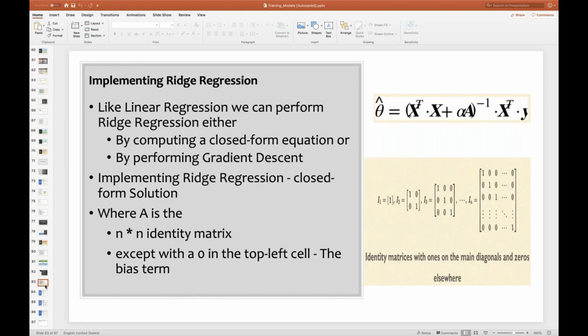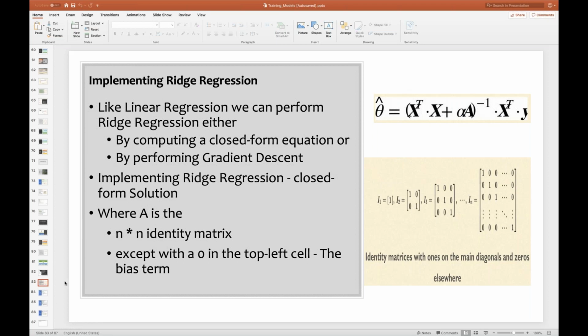Now, implementing the ridge regression. Guys, look at the diagram. You have I1 equal to 1, I2 equal to a 2 by 2 matrix, I3 equal to a 3 by 3 matrix, like that. If you go to n, you have an n by n identity matrix. Identity matrices have ones on the main diagonal and zeros elsewhere.